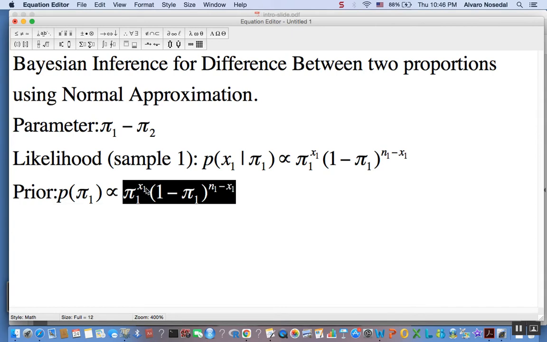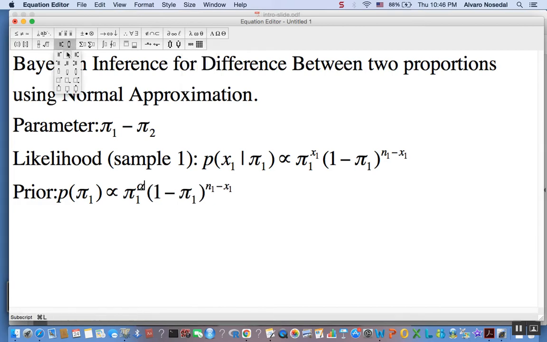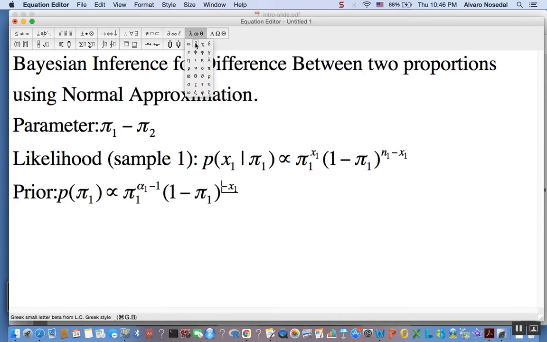We know that the kernel of that is going to look like this: pi to the power alpha sub 1 minus 1, and 1 minus pi to the power beta sub 1 minus 1 here.